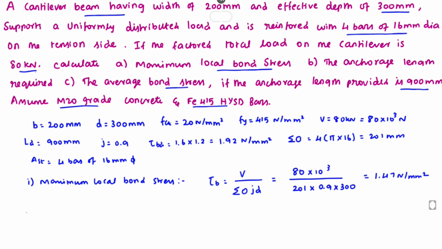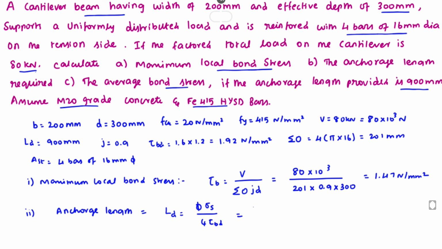Next is the second question, we can find the anchorage length. For the anchorage length, we can use the formula LD equal to phi into sigma S divided by 4 into tau BD.